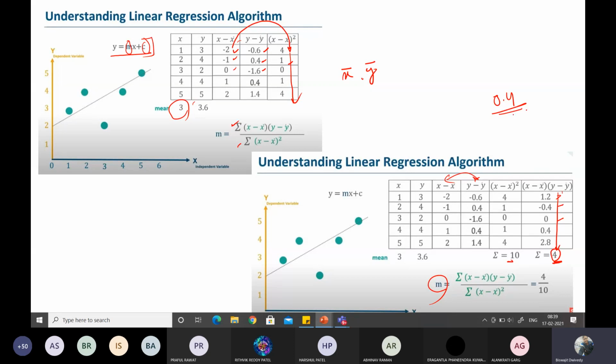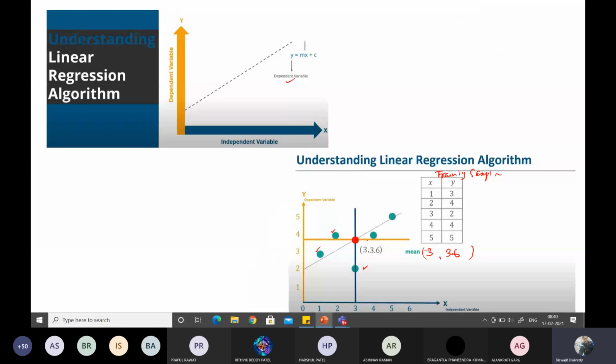Okay, so if your slope becomes 0.4, then your equation is y equals 0.4 times x plus c. So this is your equation, and we have already found the value of your m. The only thing left is c. For finding out the c value, we can use that mean point, because I have assumed that I'll be using this mean point as my starting point.